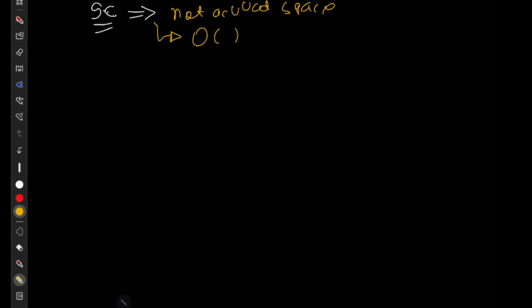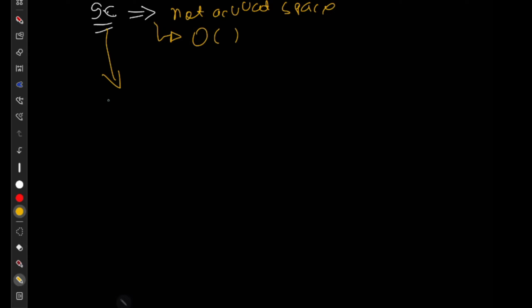Let's talk about space complexity. Like time complexity, space complexity is not actual space, and it is also denoted by Big O notation. How?